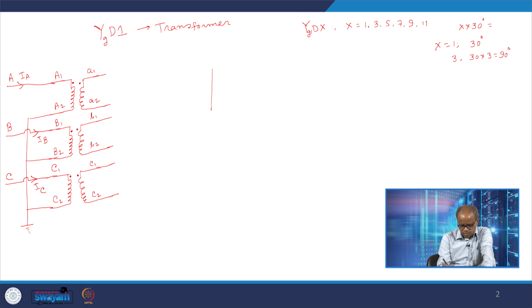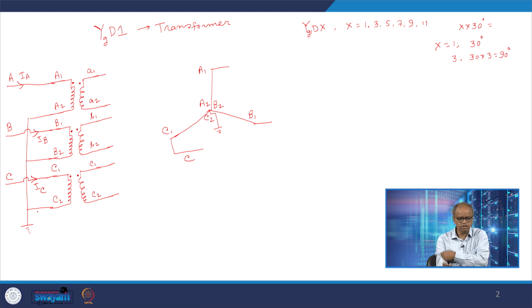So let's say this is phase A, this is phase B, this is phase C. We also mark the terminals A1, A2, then B1, B2, and then capital C1, capital C2, and then we ground that point just to reflect this connection.